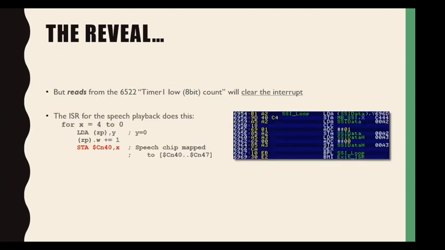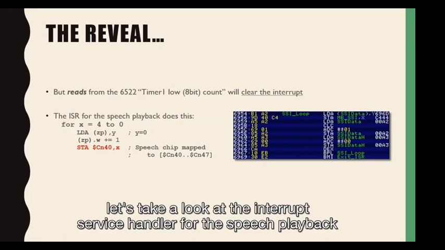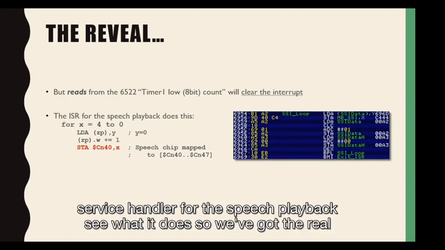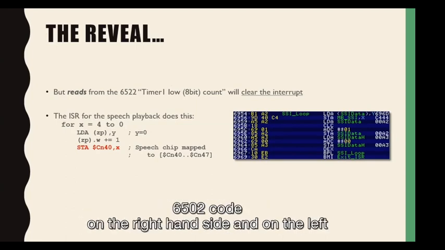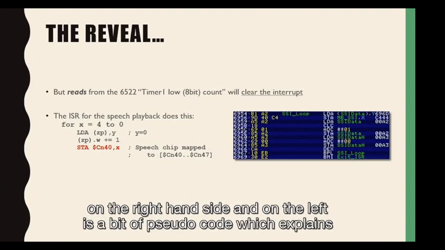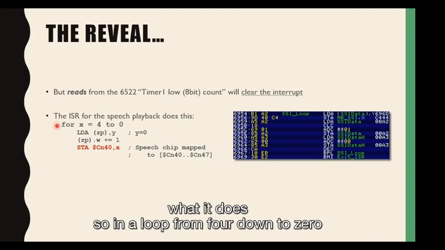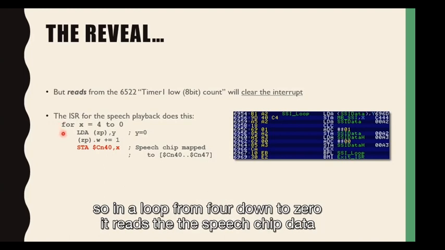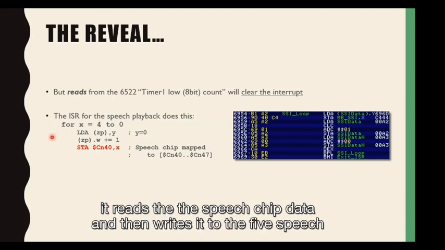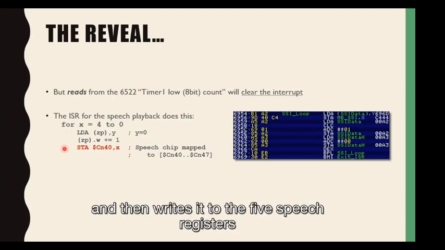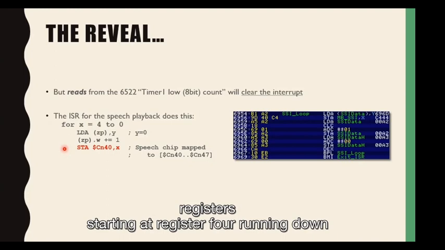Let's take a look at the interrupt service handler for the speech playback, see what it does. So we've got the real 6502 code on the right hand side, and on the left is a bit of pseudocode which explains what it does. In a loop from 4 down to 0, it reads the speech chip data and then writes it to the 5 speech registers, starting at register 4 and running down to 0.